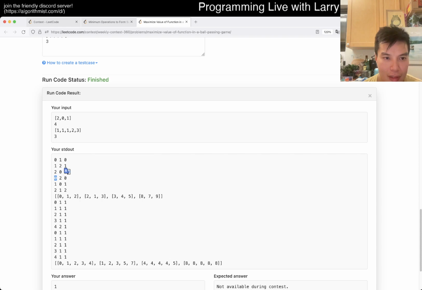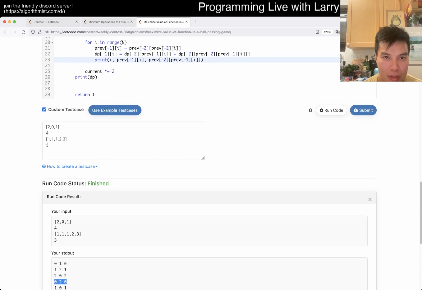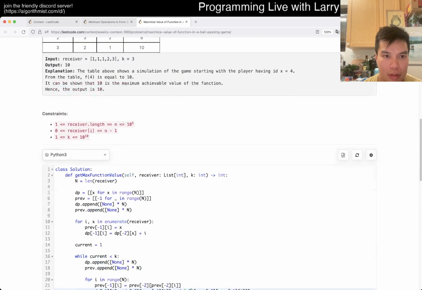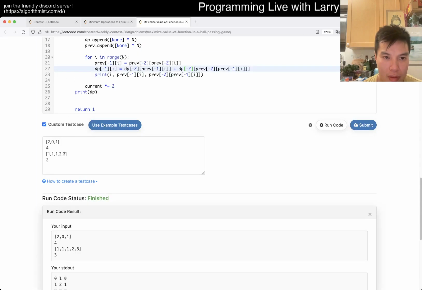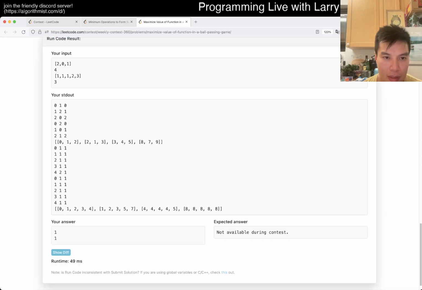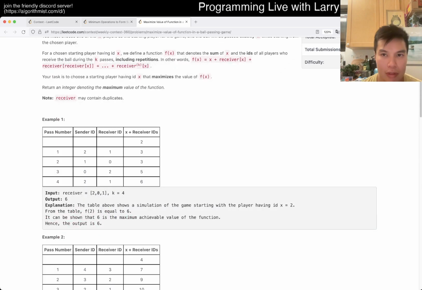Okay, so then now 2 is 0. The sum of 0 at one's move is 2. Is that true? I guess so.